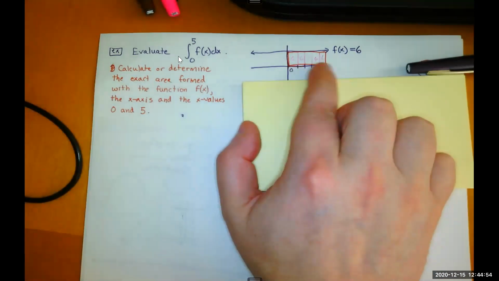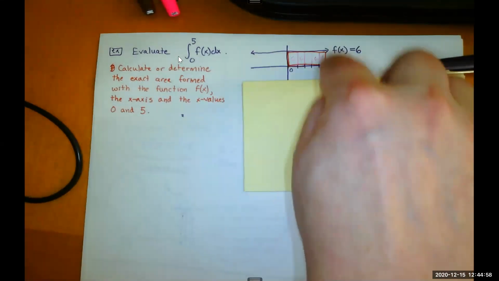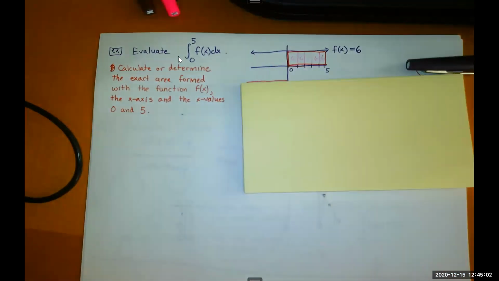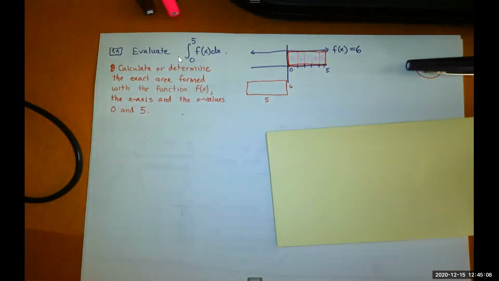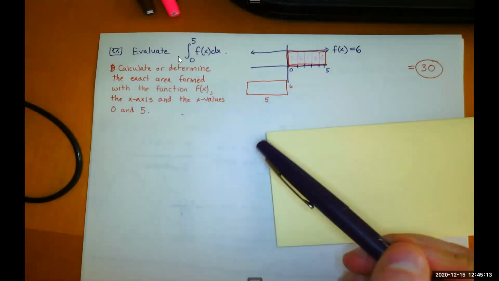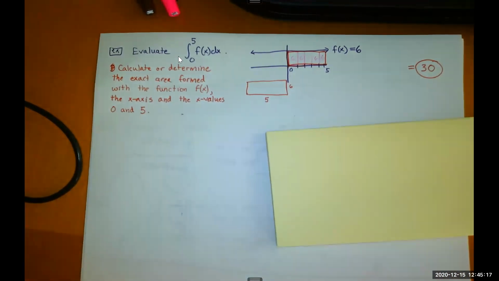It has the x-axis right here, x equals 0 over here on the left, x equals 5 over here on the right, and f of x on the top. And look at that thing right there. That thing right there is a rectangle with a base of 5 and a height of 6. Yes, it is not to scale, don't care. So the area is 30.